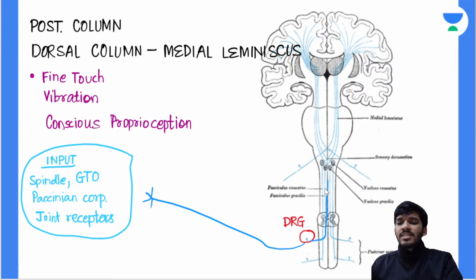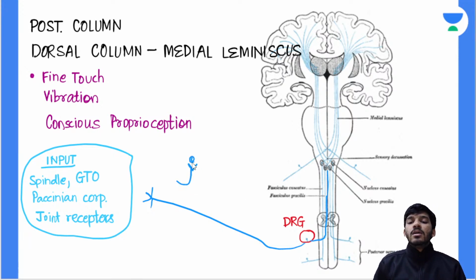The gracile fasciculus goes and synapses in the gracile nucleus. Here you have a collection of neurons that are the second order neurons. The neuron will synapse with the cell body or the dendrites in the gracile nucleus. From there you will have the second order neuron, and before its formation you will have the sensory decussation.